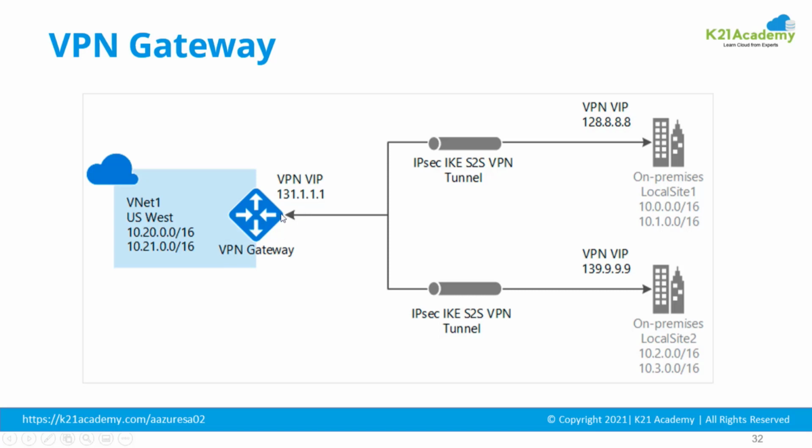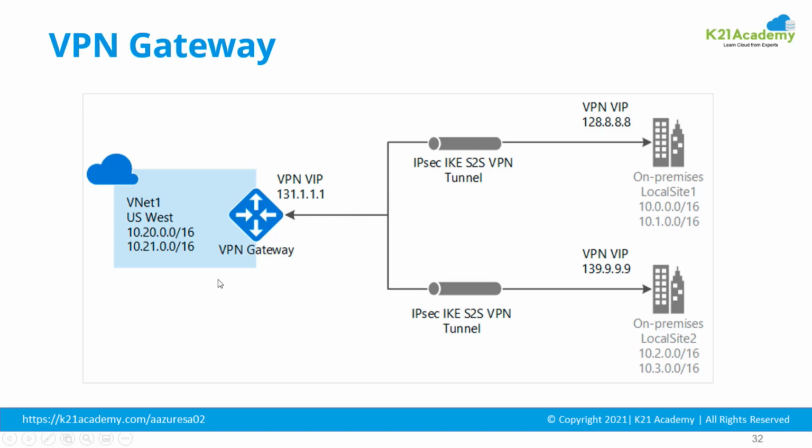One end of this VPN gateway will be talking to Azure, and the other end will be talking through this VPN tunnel to the VPN device that represents on-premise. In on-premise, there will be a public IP which will be able to talk to this end of the VPN gateway. This is a secure tunnel, but the data is going to move over the internet here. And like that, you can configure multiple.